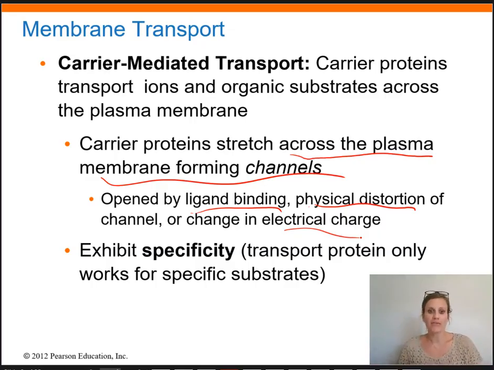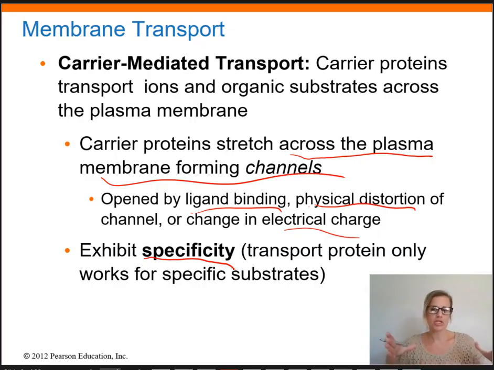Overall, though, we have these proteins that stretch across the plasma membrane so that something can get in or out of the cell without coming in contact with the lipids in the middle of the membrane. These transporters exhibit specificity, right? That means that one transport protein only works for specific substrates.